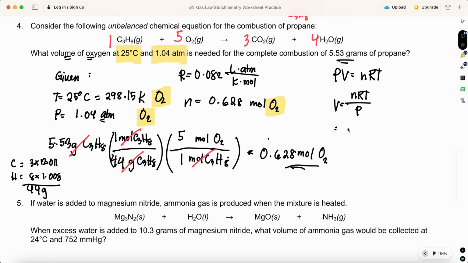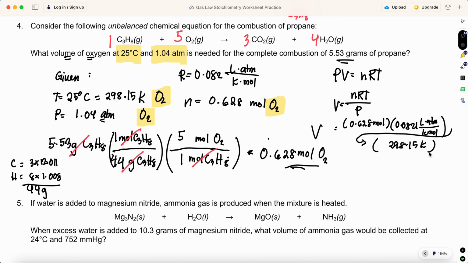So therefore we have 0.628 mole, and R is 0.0821 L·atm/K·mole, times T, 298.15 Kelvin, over P, which is 1.04 atm.